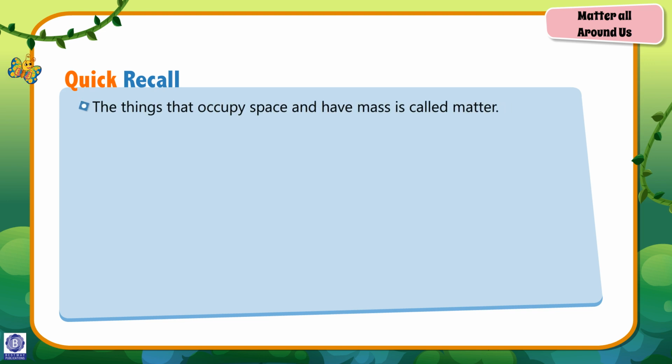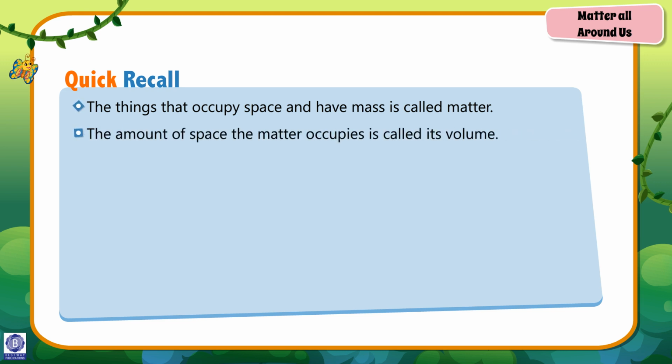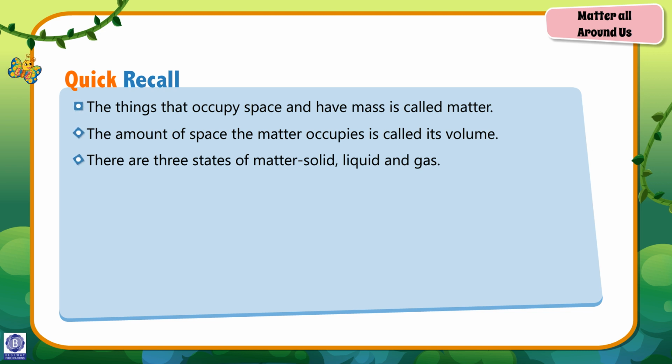Quick recall. The things that occupy space and have mass are called matter. The amount of space the matter occupies is called its volume. There are 3 states of matter: solid, liquid, and gas.